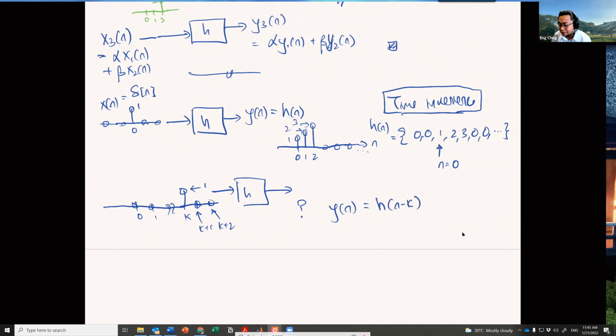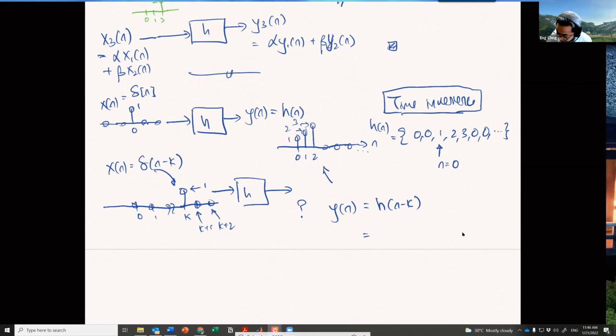What does h of n minus k mean? What is h of n? h of n is this guy here. h of n minus k means a delayed version of h of n, because my input x of n has been delayed by k samples. If the output is delayed by k samples, it means that the system is time invariant: time does not matter, and the behavior of the system is invariant to time.